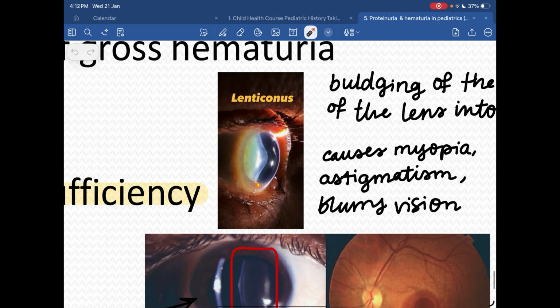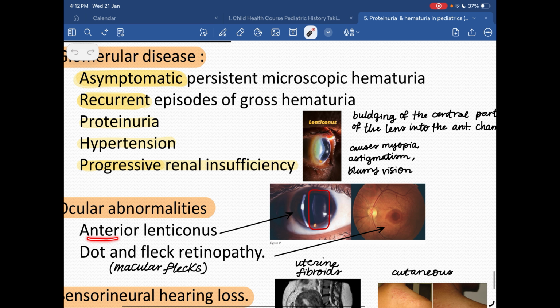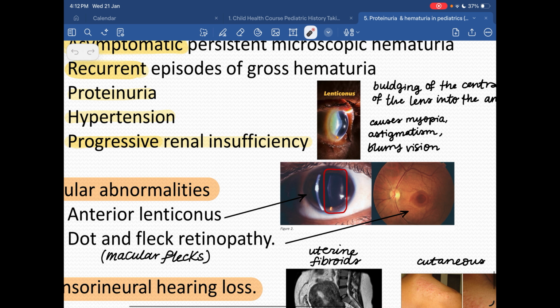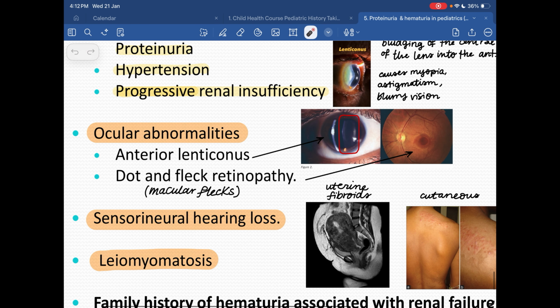Hence its name, lenticonus. ولأن anterior compartment قلنا anterior lenticonus. This abnormality causes myopia, astigmatism, and blurry vision. We also have a dot and fleck retinopathy. So we have macular flecks. Here's our macula and here's our fleck. And lastly, the sensorineural hearing loss, زي ما قلنا, it is bilateral.